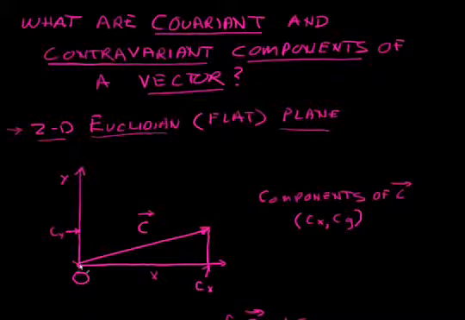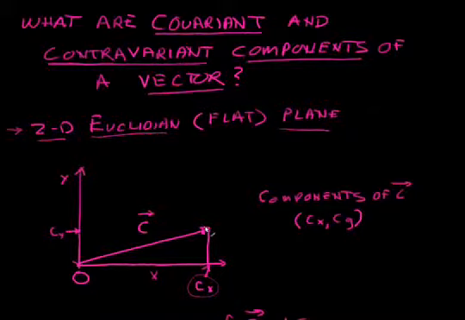Put the origin at one end of the meter stick, let's say, and then measure out the distance along the x axis over here, and drop this perpendicular down to the axis, and call that cx, the x component of the vector c.